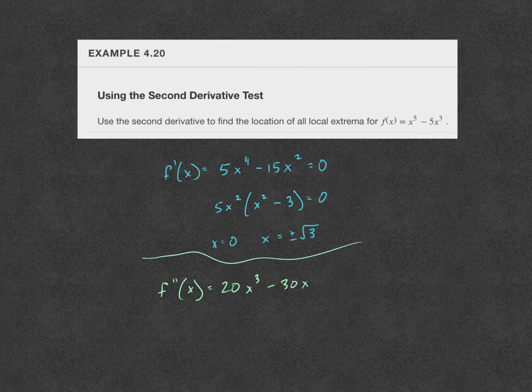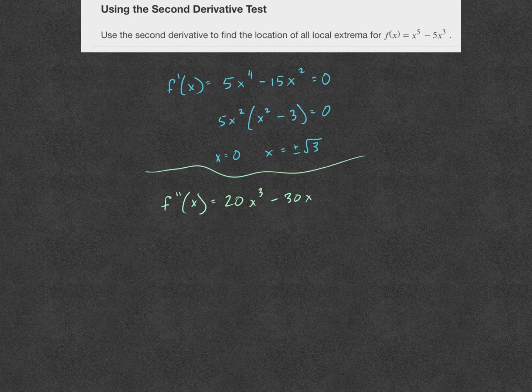And then what we'll do is evaluate that second derivative at 0, at negative square root 3, and at positive square root 3, and see what we get in each case.